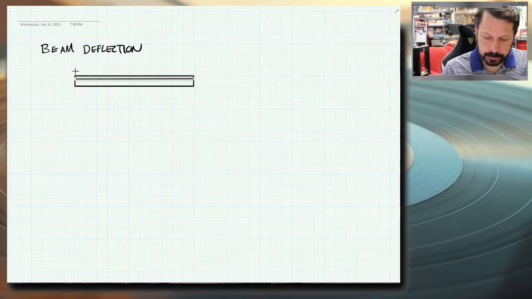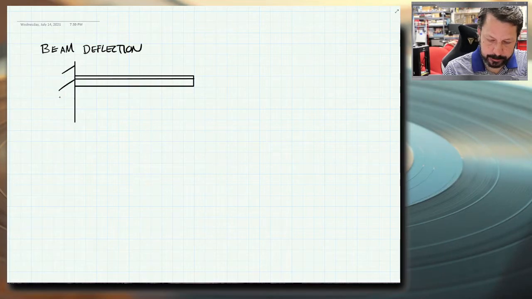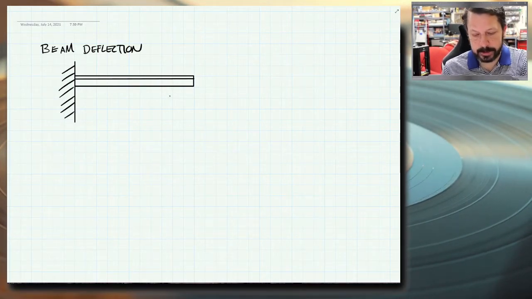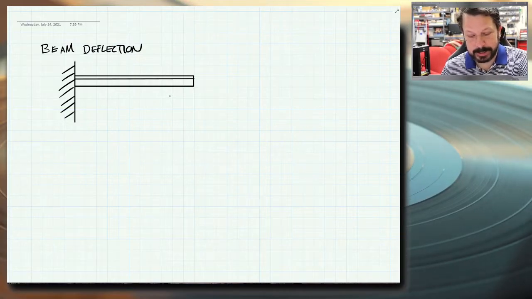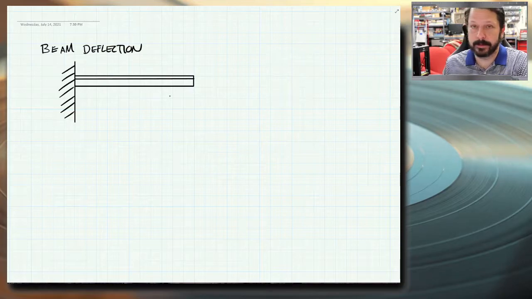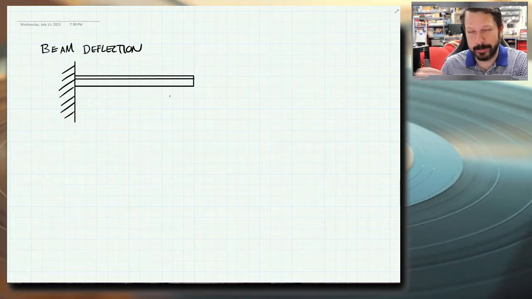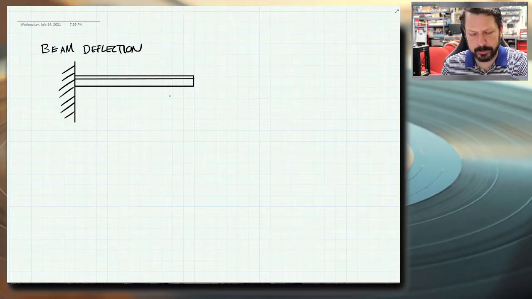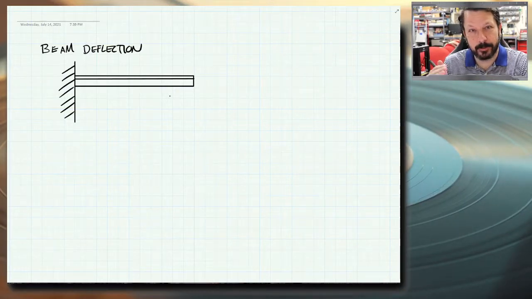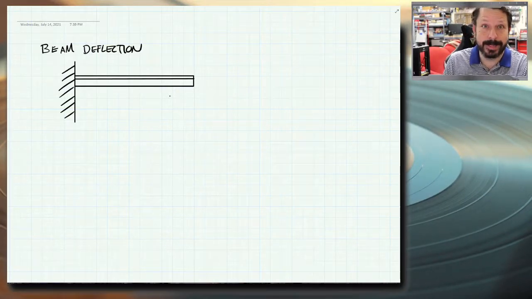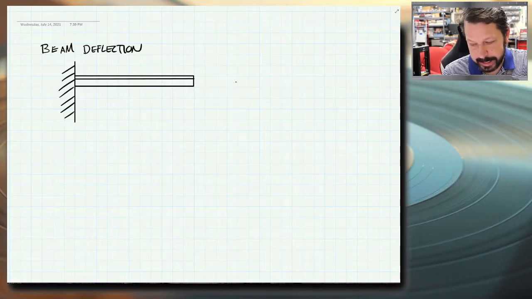And then we'll mount it to the wall back here, and remember, when it's fixed in one place, whether it's like a signpost stuck in the ground, or like we've drawn here, some kind of beam attached to a wall, it doesn't really matter how it's attached, if it's welded to it or bolted to it or embedded in it, we're calling these cantilever beams.